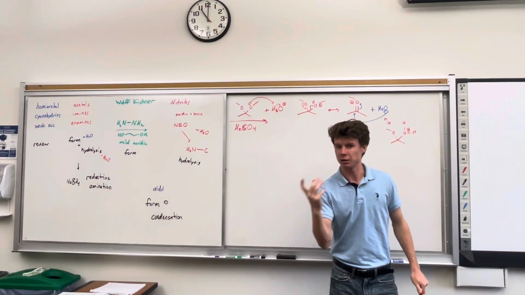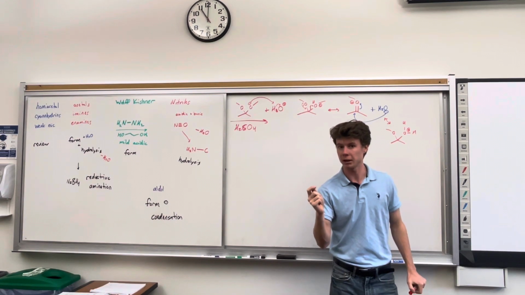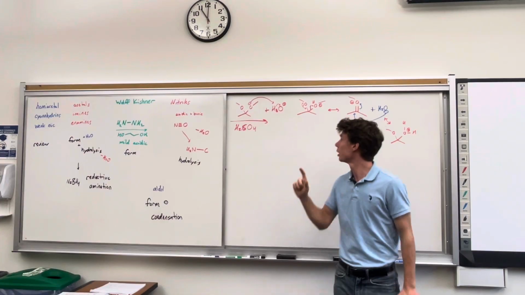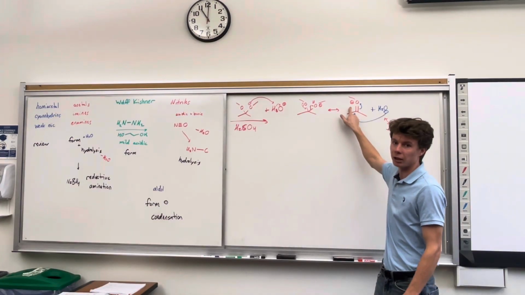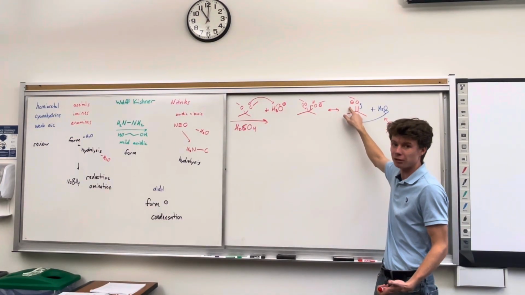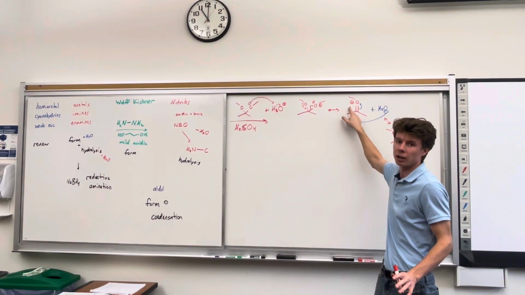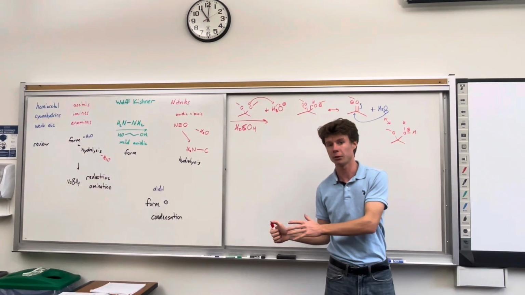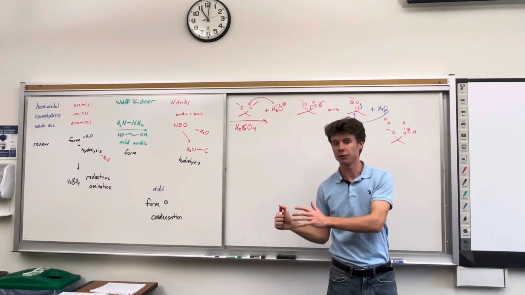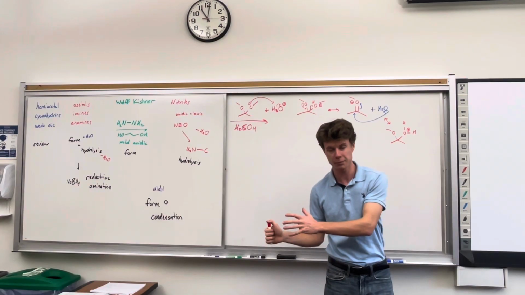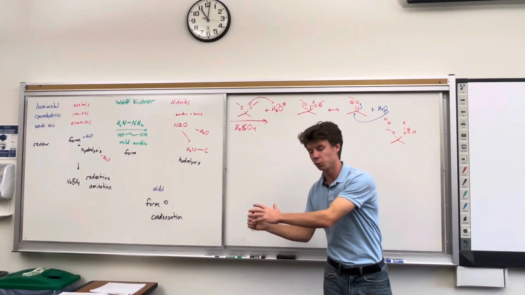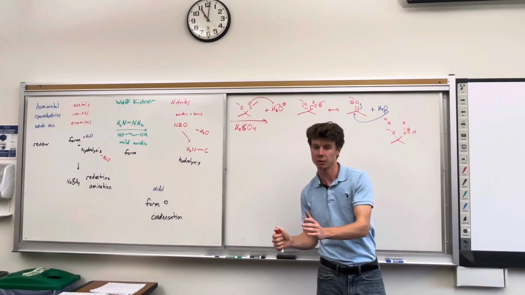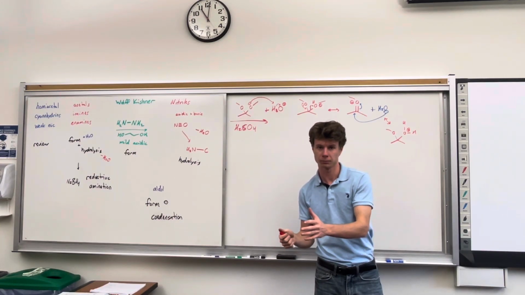In every case, if you have charge that's caused by either deficiency or abundance of protons, do it. If you have charge like this and there's no protons to take off, we're going to leave it. Okay? So at any point, from my understanding, what I've seen so far in chapter 19 is that, trending wise, if we see charge on there with protons, take them off or add them, depending on if it's negative or positive.